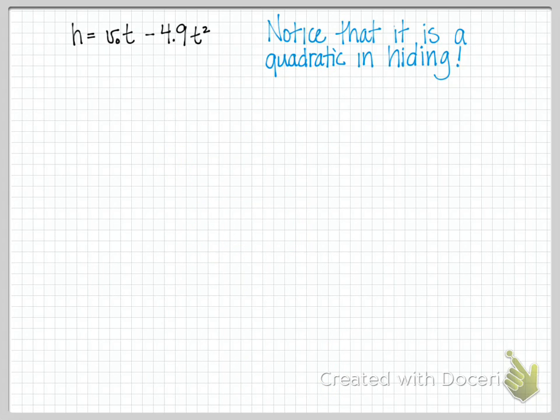So let's actually solve that formula for t. What you need to notice is that it's actually a quadratic in hiding.